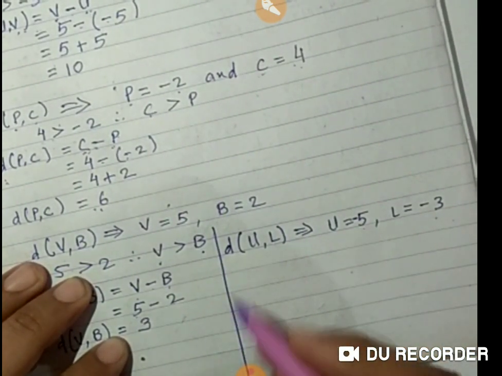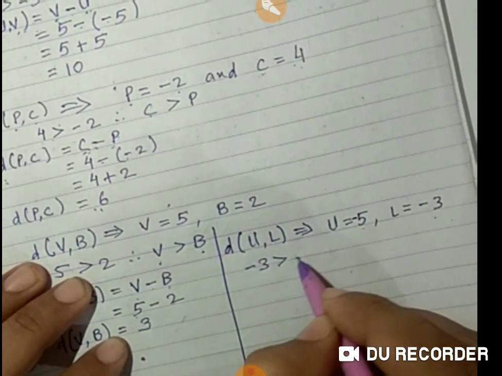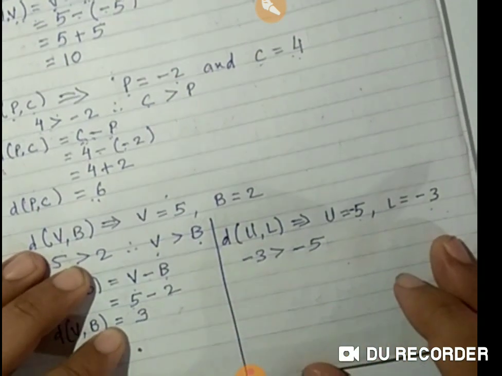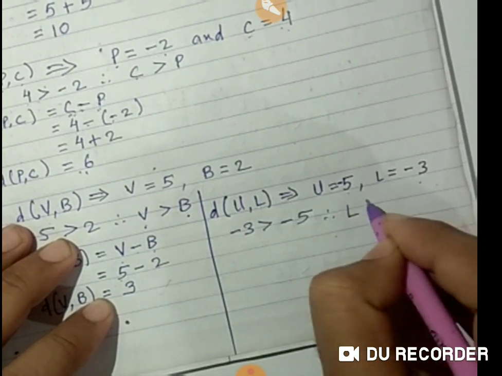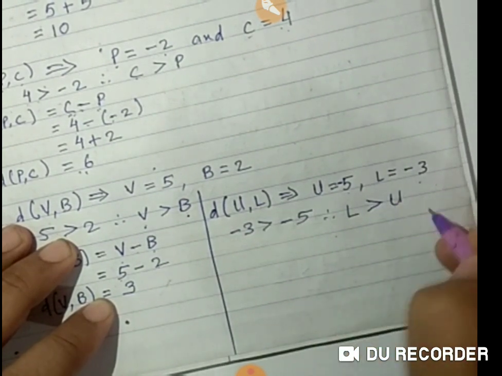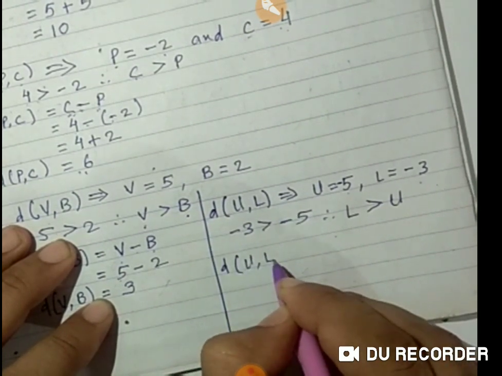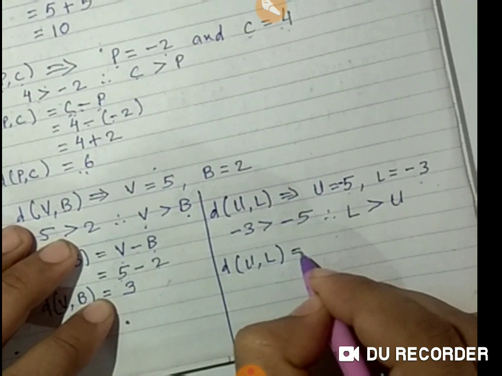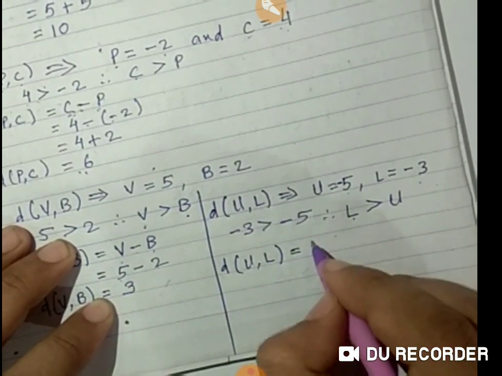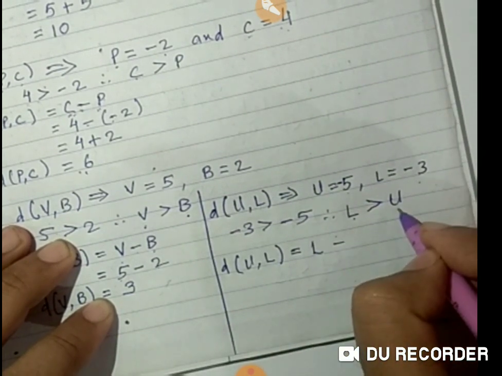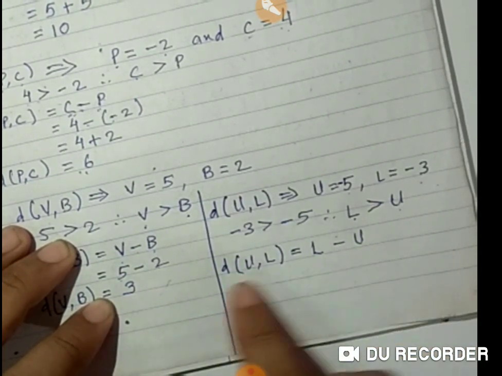So here you will say -3 is greater than -5, which means L is greater than U. So your formula will become distance between UL is equal to point with greater coordinate, that is L, minus point with smaller coordinate, that is U. So this is your formula to find out distance between UL.